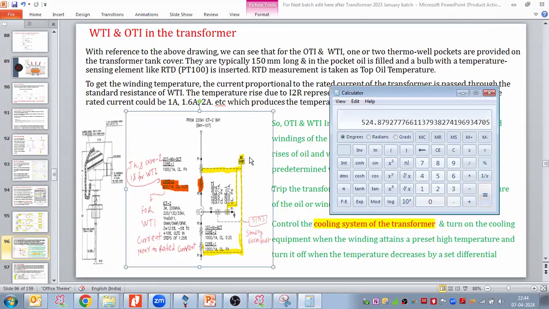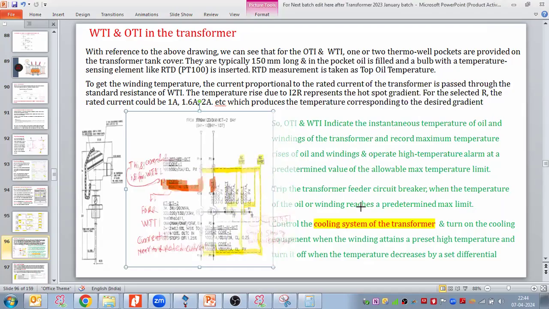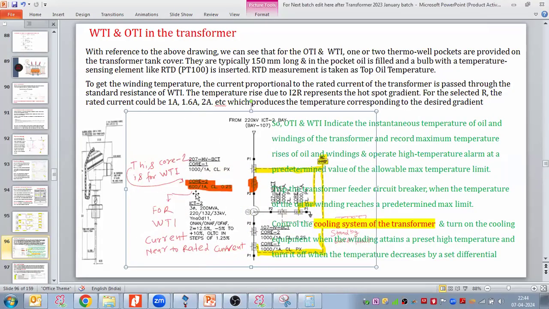So could you see the current coming is 524? So what should be my WTI CT rating? What should be my WTI CT rating? 600, right? Yes, sir.